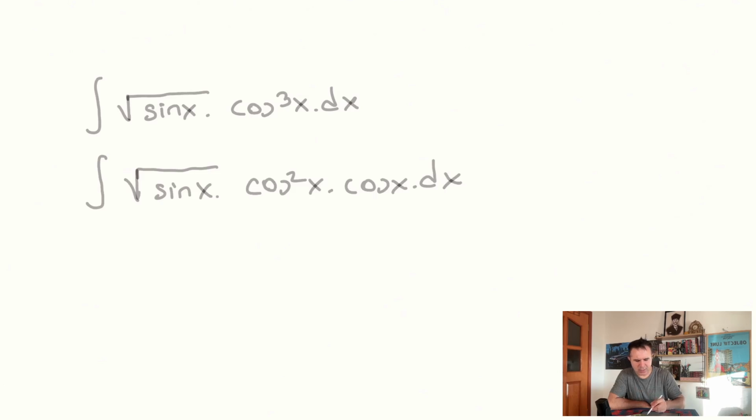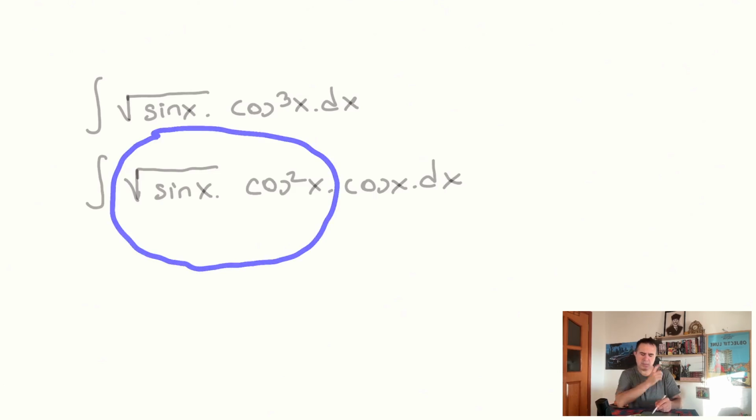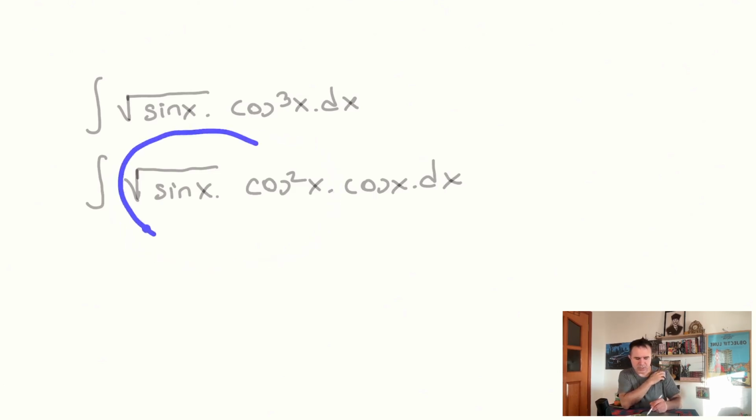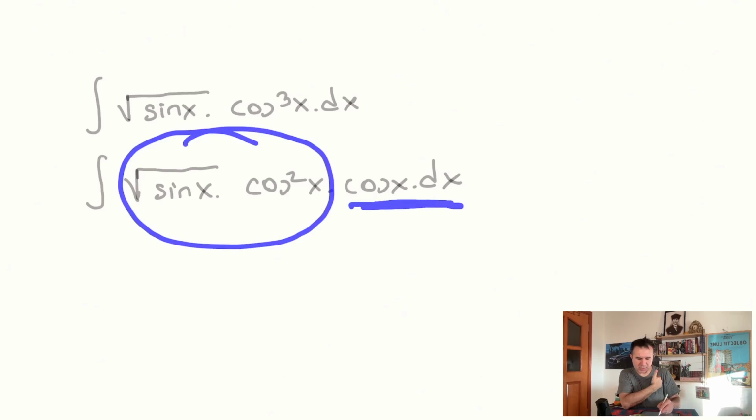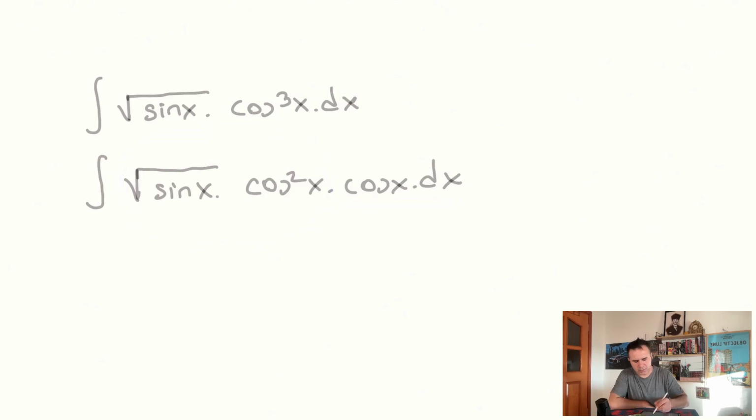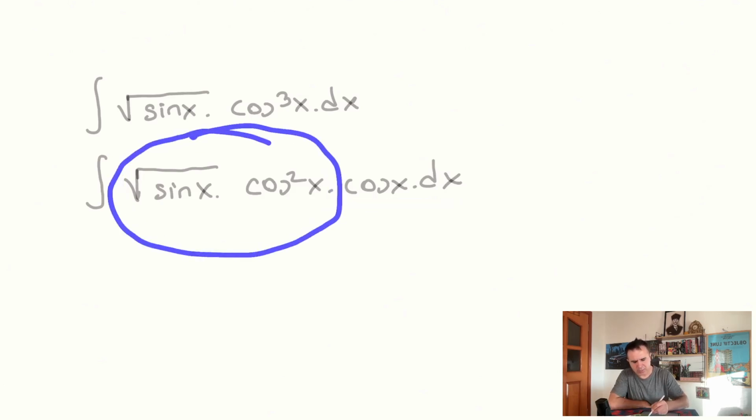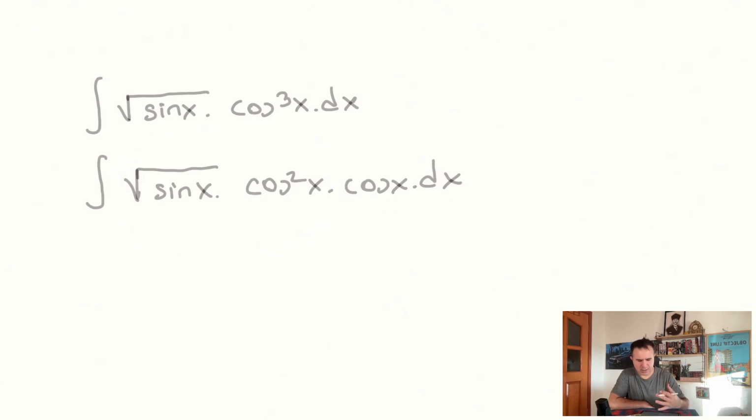So if our function can be written using sine x, since the derivative of sine x is cosine x, we have here cosine x times dx. If we can write this part using just sine x, then the integral can be solved.